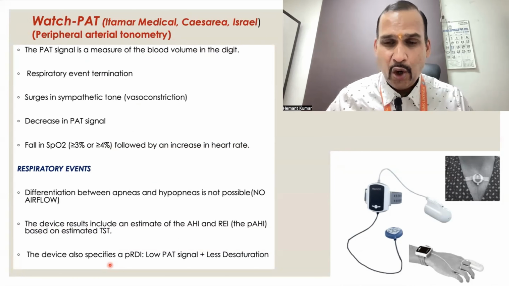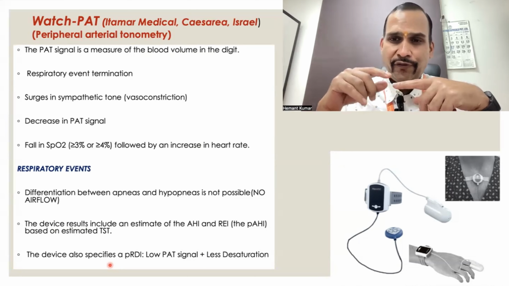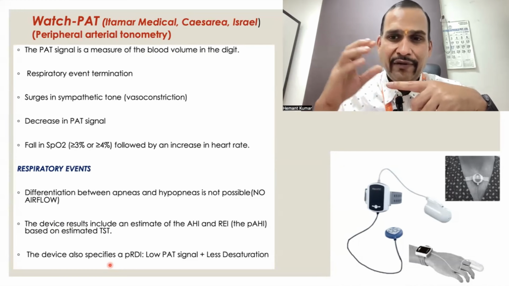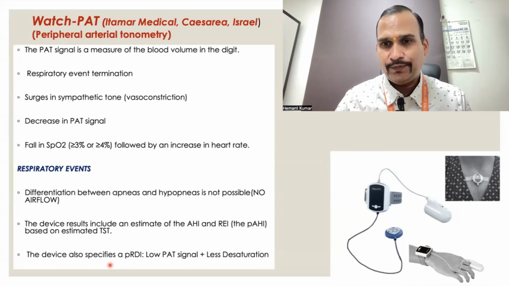When sympathetic activity increases, there is more secretion of adrenaline. Adrenaline will work on alpha receptors in our peripheral vessels, so there will be vasoconstriction. Whenever there is vasoconstriction, there is reduction in blood flow.